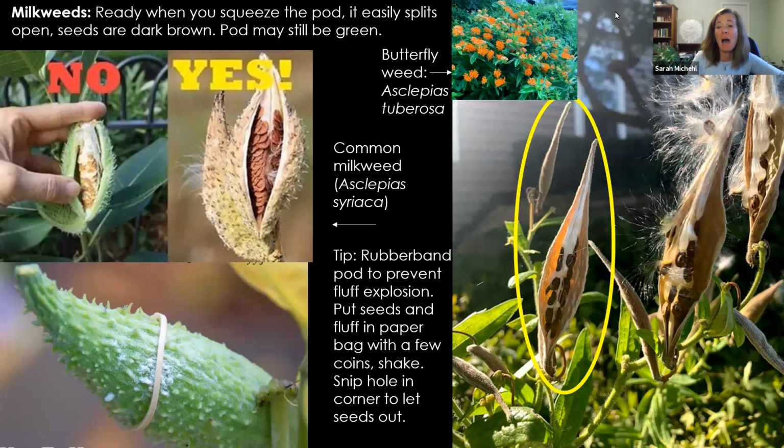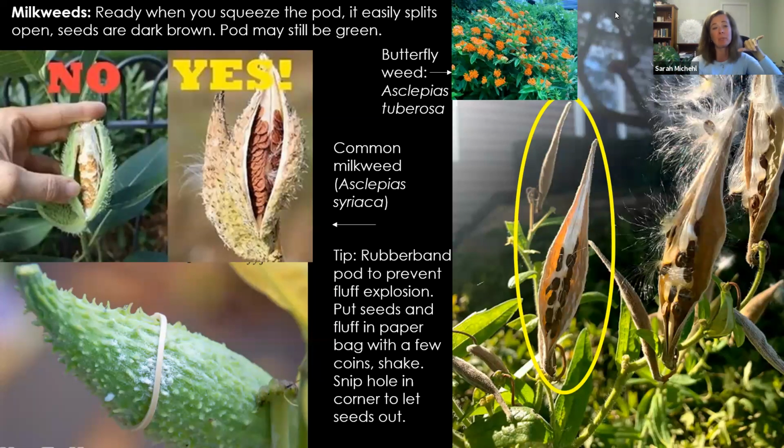And when the seeds are ripe, which just means that they are fully developed and ready to be collected or ready to germinate and grow into a new plant, those pods are going to start to split a little bit, and the seeds on the inside are going to be a dark chestnut color.